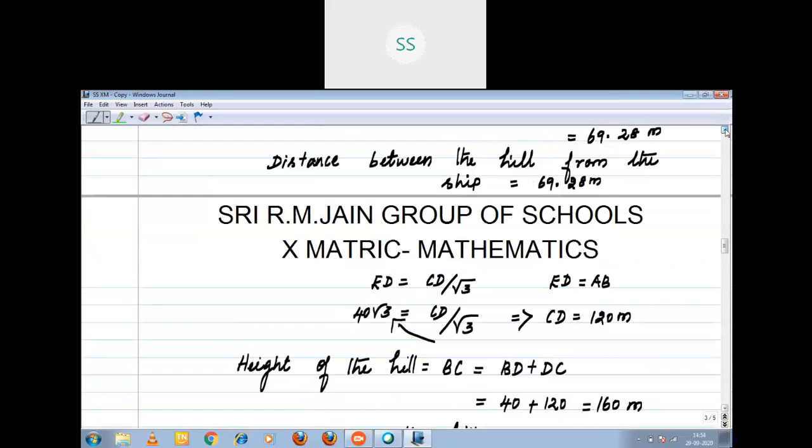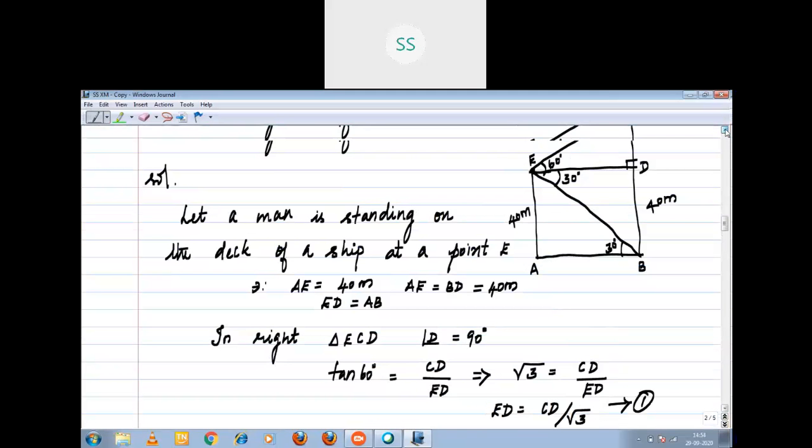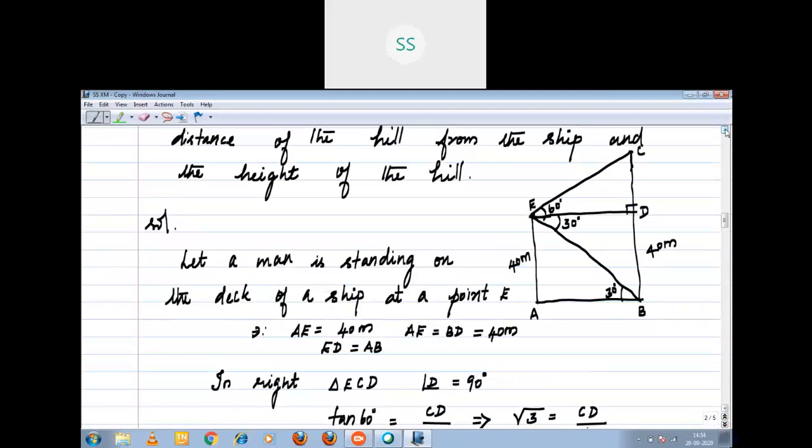Height of the hill equal to 160 meter. Once again, I am going to explain the sum. You have to listen carefully, children. See here. A man is standing on the deck of a ship, right? That is E. E is the position the person is standing.